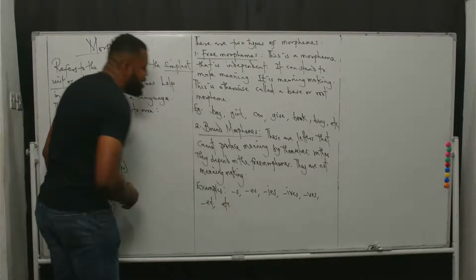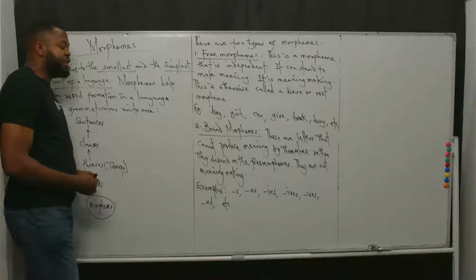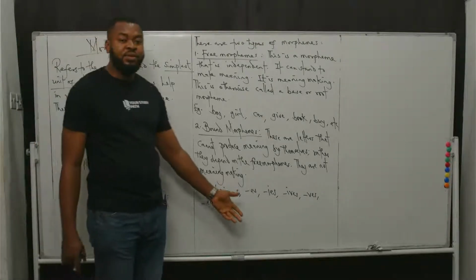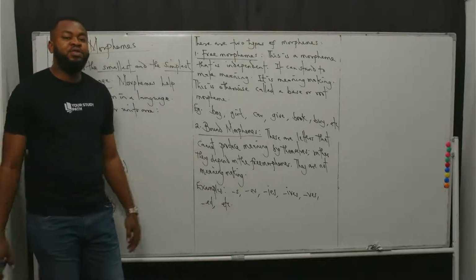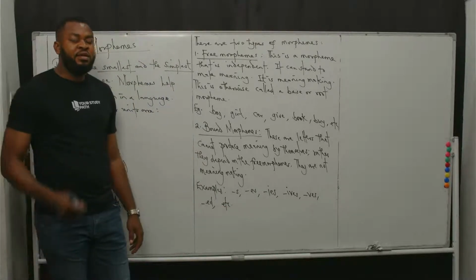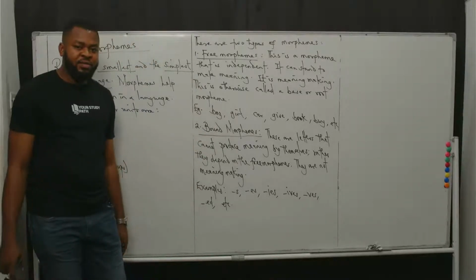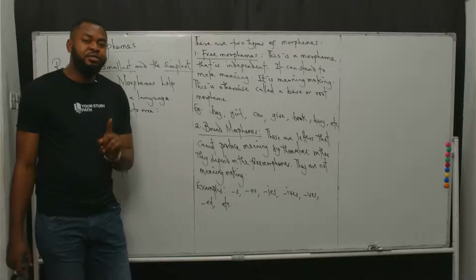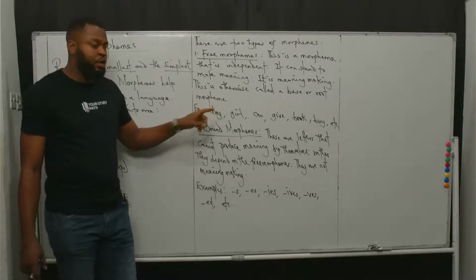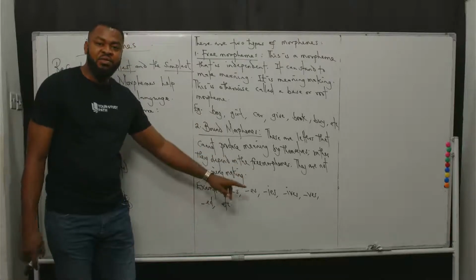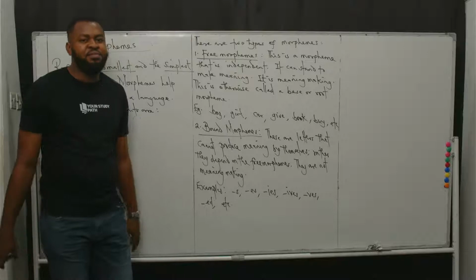These are bound morphemes. Can you see that each of the examples cannot produce any meaning at all? They will practically depend on the free morpheme until and unless I attach a free morpheme to any of these bound morphemes. They will not and they cannot produce a meaning.